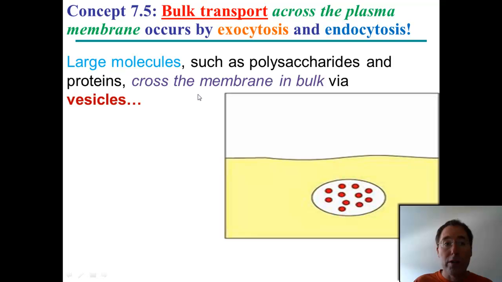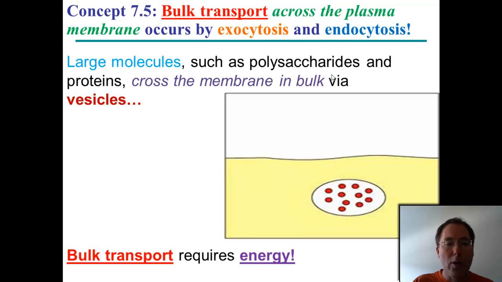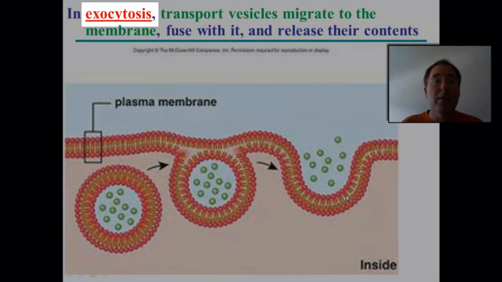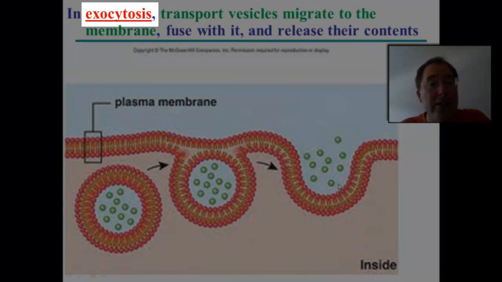First, we're going to talk about large molecules crossing the membrane via vesicles in this bulk flow. I've said earlier that it requires energy. Here's a vesicle of stuff that's either getting ready to leave the cell or it has already entered the cell. But first we'll talk about exiting, or exocytosis, the way that stuff gets out of the cell.